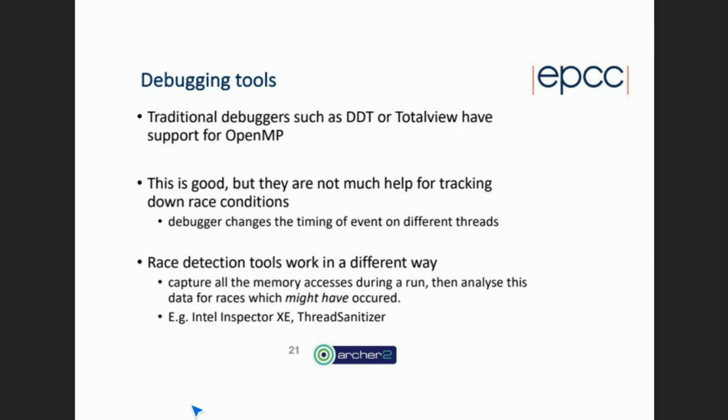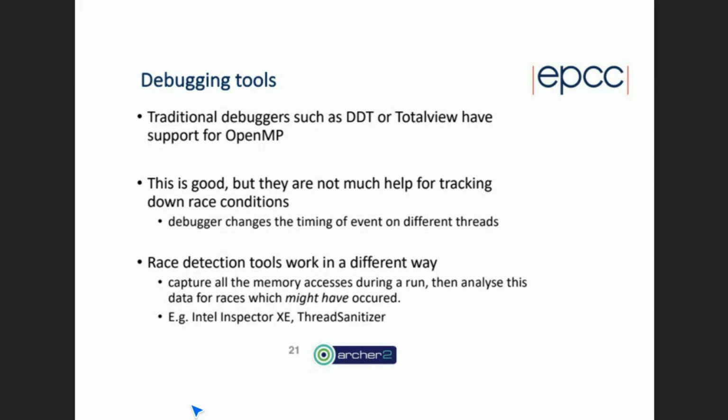Running under one of these tools does increase the runtime a lot and can produce very large output files. So you typically need to pick a small problem size or a short run. But the saving grace is that for most applications, the presence or absence of race conditions doesn't depend on the size of your input data.